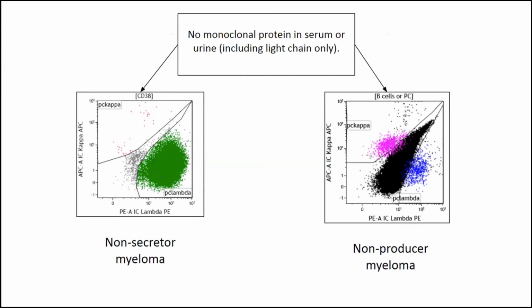So these would be able to be detected by IHC, immunohistochemistry, or in situ hybridization, and by flow cytometry after we've added agents to permeabilize the cell membrane. Whereas non-producer myeloma has no immunoglobulin in its cytoplasm because, of course, it doesn't produce any.